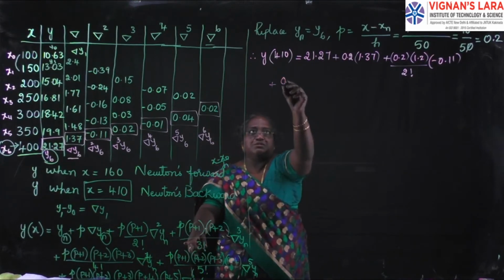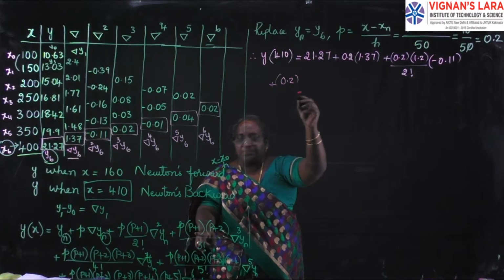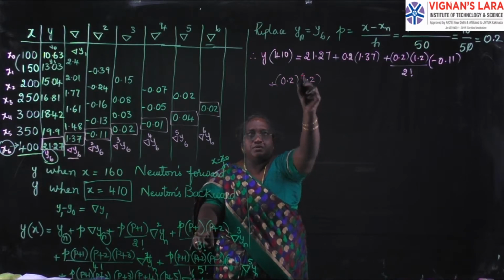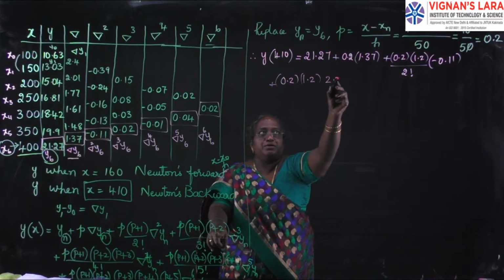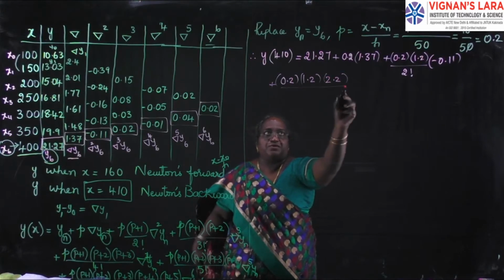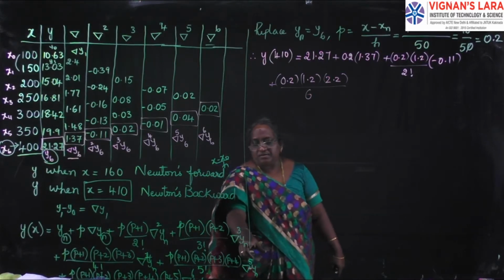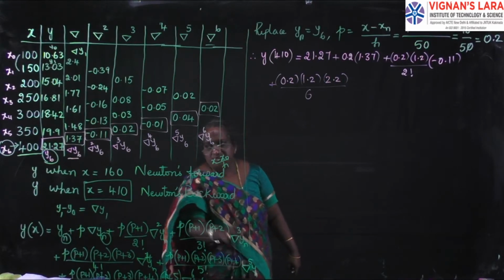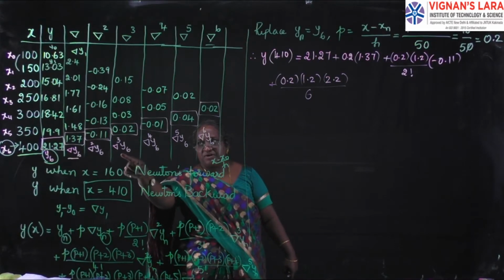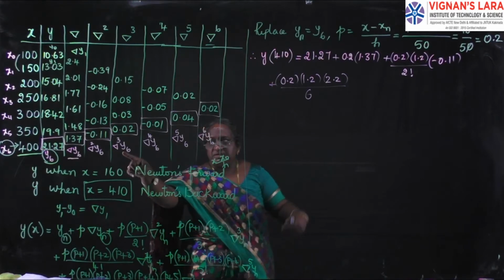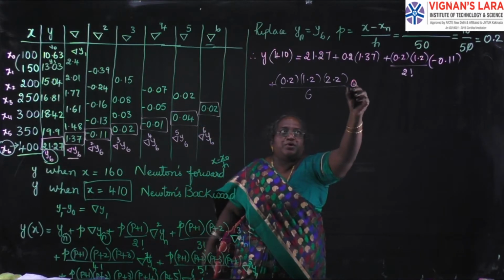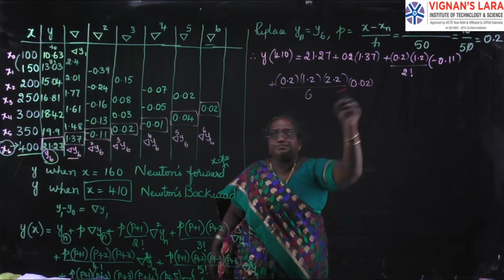Next plus, substituting in this formula, p is 0.2, p plus 1 is 1.2, p plus 2 is 2.2, by 3 factorial which is 6, into the third backward difference of y6, which is 0.02.